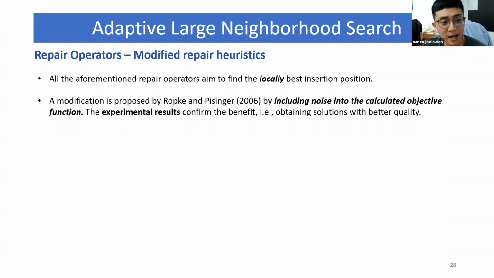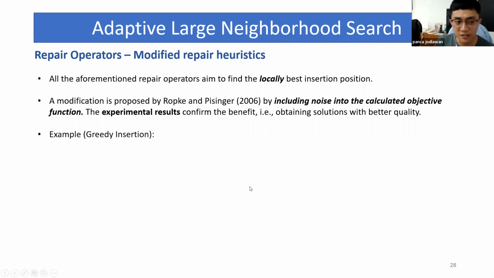But by the experimental results of Professor Ropke and Pisinger, they confirm the benefit that including the noise into the calculated objective function for these repair heuristics, they can obtain better quality solutions. And this is based solely on experimental results. There are no theorems or proofs that say that it is correct for all variants of the problems, but you may confirm it by the experimental results.